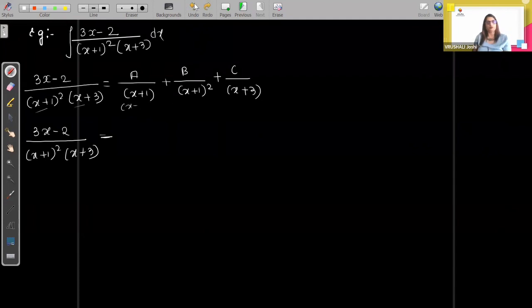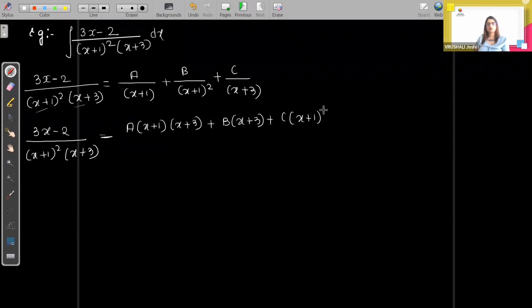ठीक है. चलो let's see. सो यहाँ पे क्या आएगा ऊपर? This will be a into x plus 1 into x plus 3 plus b into x plus 3 plus c into x plus 1 the whole square.